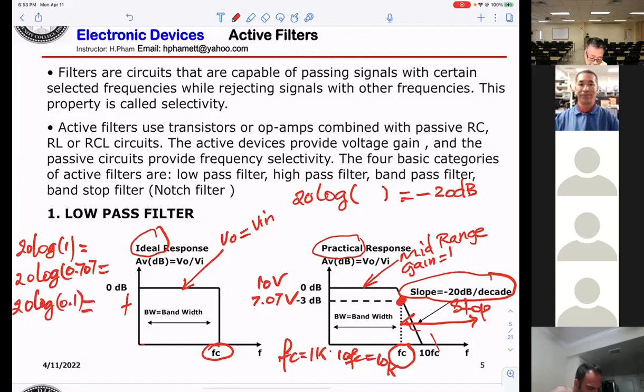Can you calculate that for me? I know log of 1 will be 0. 20 log of 0.707, you already get minus 3 dB, right?